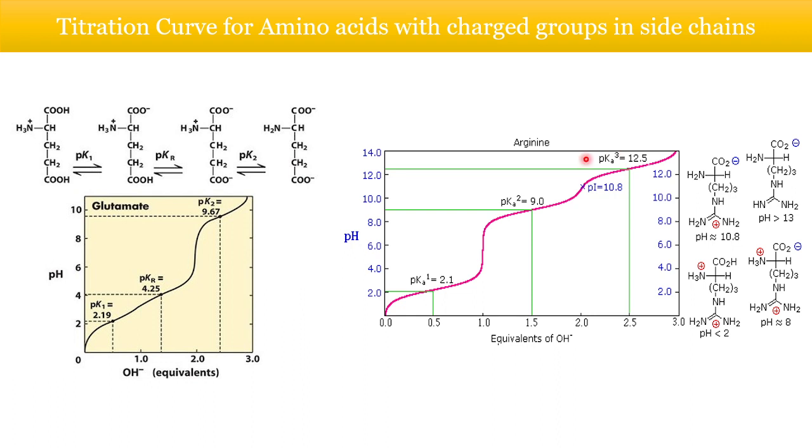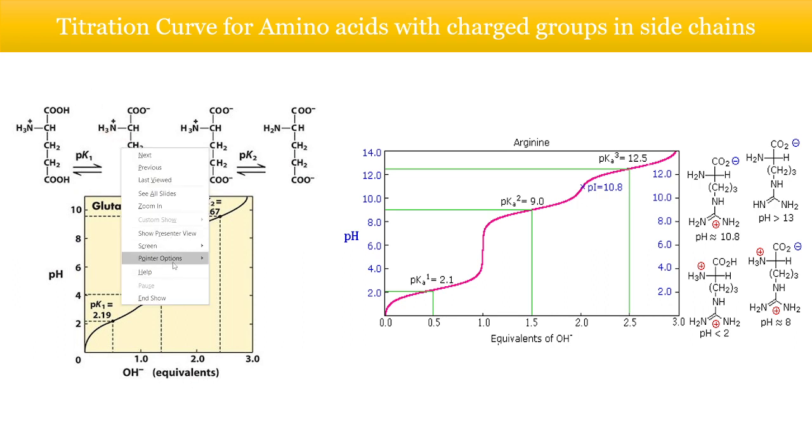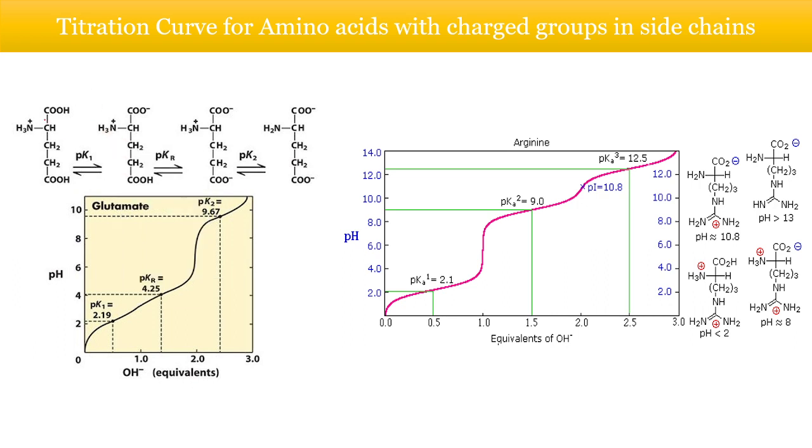At a very low pH, say below 2.19, the glutamic acid would be mostly positively charged, in the plus one state.